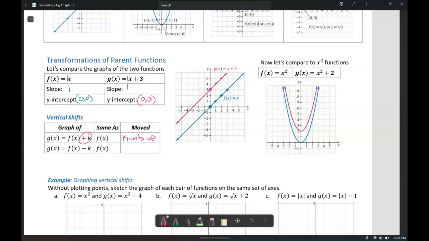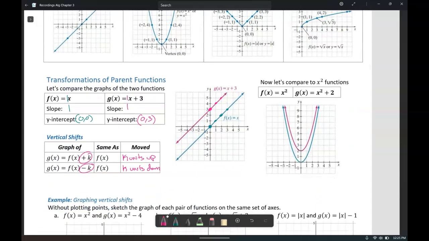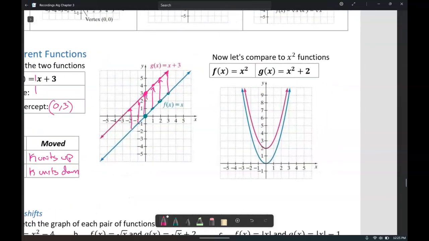And if we had minus a number, we could say that we shifted k units down. So we took this graph, and we took every single point on it, and we moved it 3 units up. We can do the same thing with nonlinear functions.